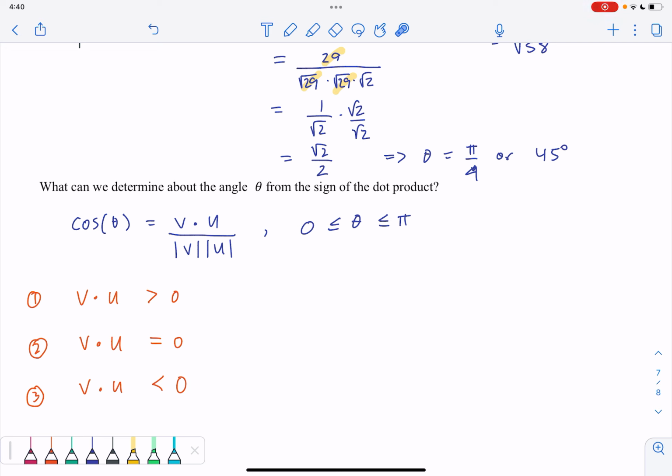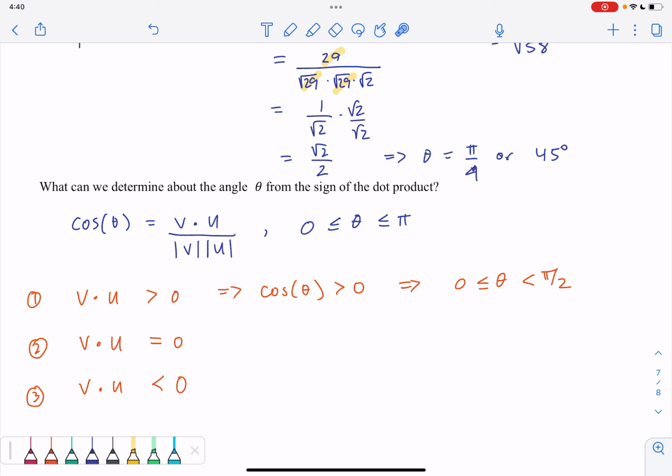So cosine of theta is greater than 0, because whatever sign this whole thing has, cosine theta has the same sign. Well, where does that happen? That happens when theta is greater than or equal to 0, but less than pi over 2.